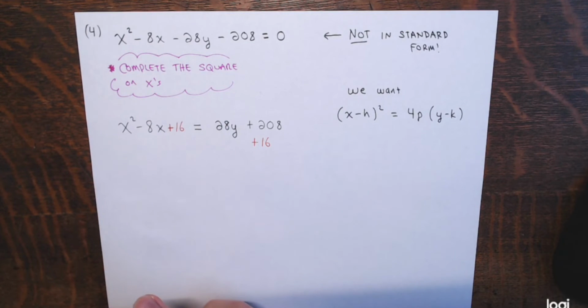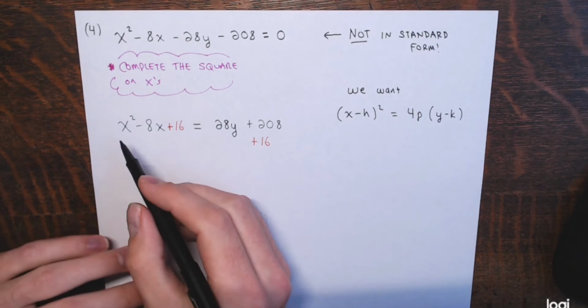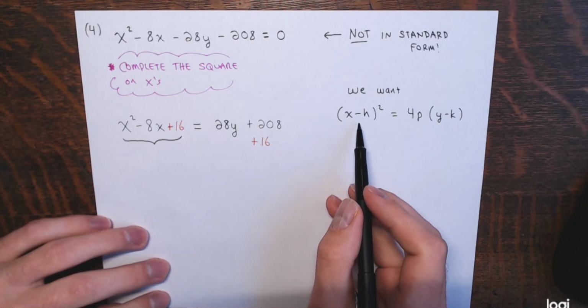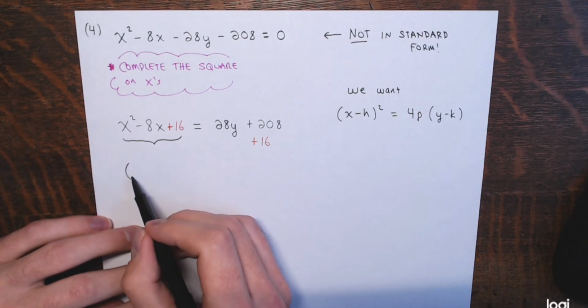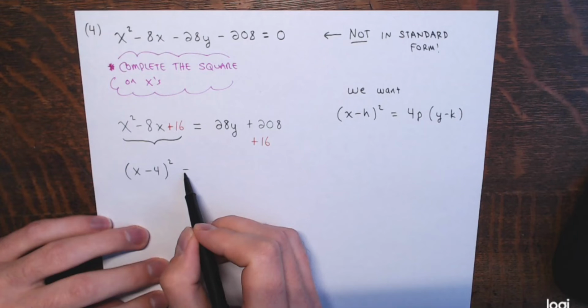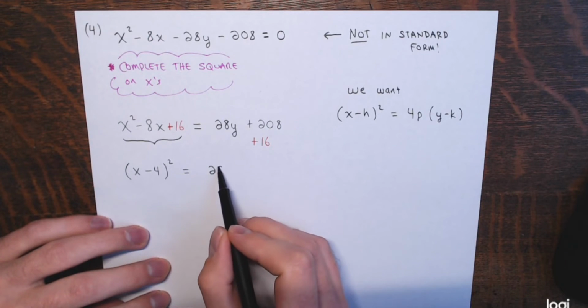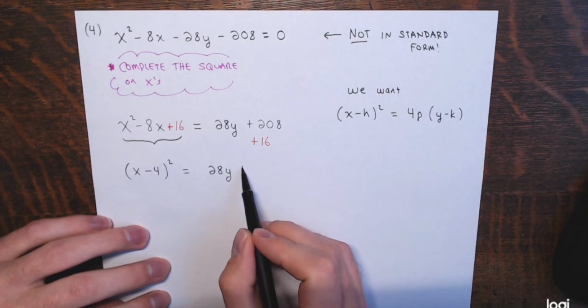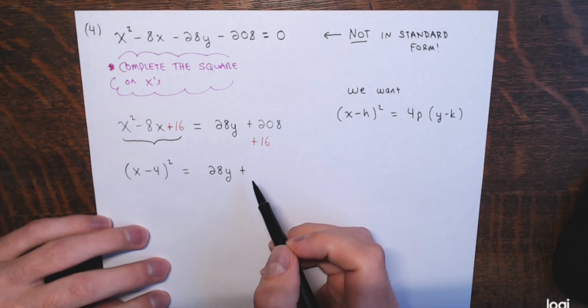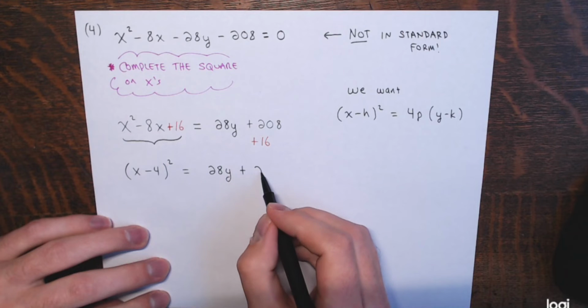Now the whole reason we add this 16 is so we get a perfect square trinomial, and now I can express this left side like the left side of the equation we want in standard form. This would be the quantity x minus 4 squared. And then the other side I have 28y plus, and then 208 plus 16 would be 224.